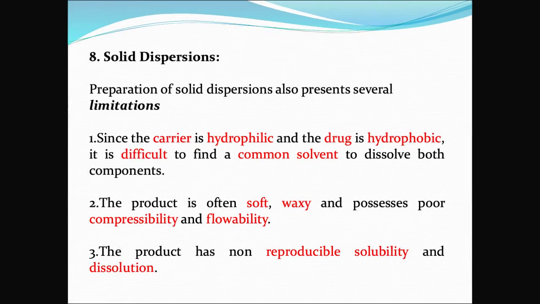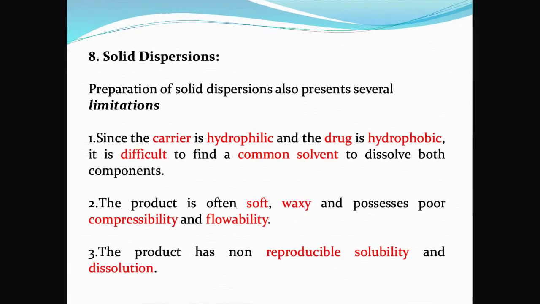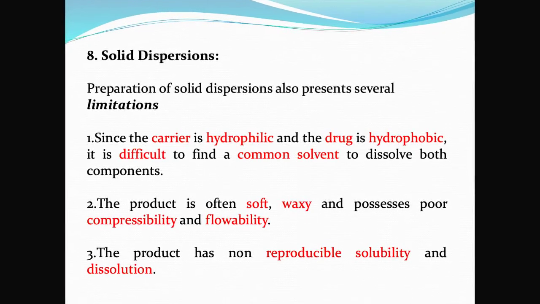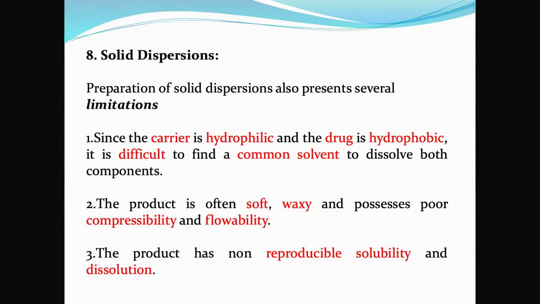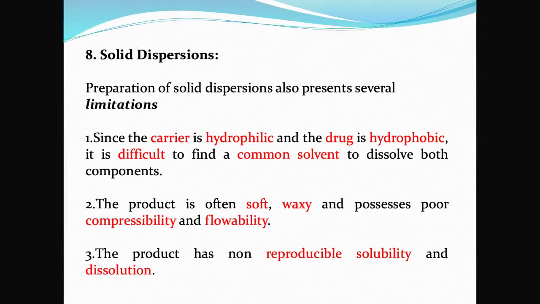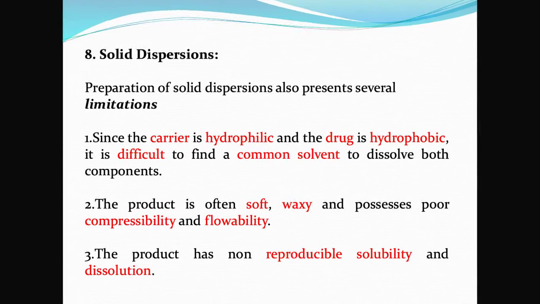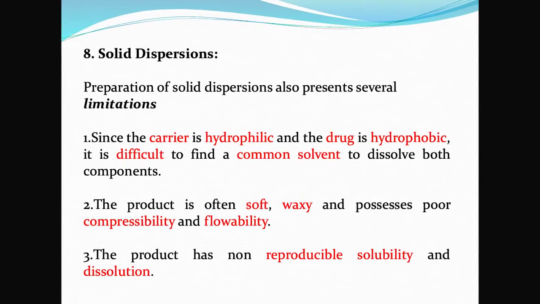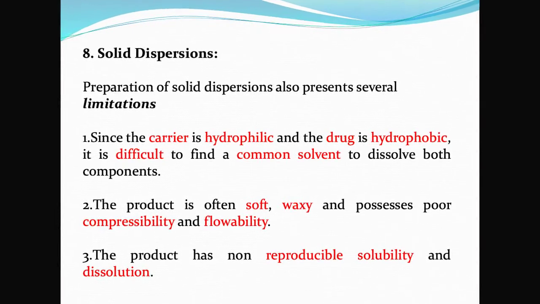We must also contend with the instability of the final product, which can lead to non-reproducible solubility and inconsistent dissolution rates across different batches. How would these mechanical flaws, specifically the waxy texture, impact your strategy for maintaining a precise and uniform dose during large-scale manufacturing?